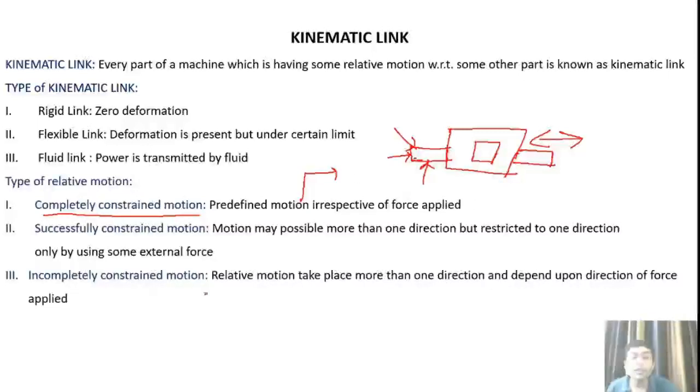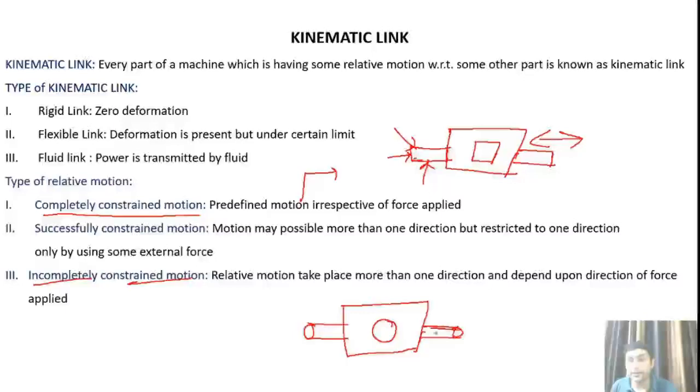whereas in incompletely constrained motion, relative motion takes place in more than one direction. For example, let's take again a seat, and there is a circular hole in this seat, and if a circular shaft is inserted through this hole, then what will happen?